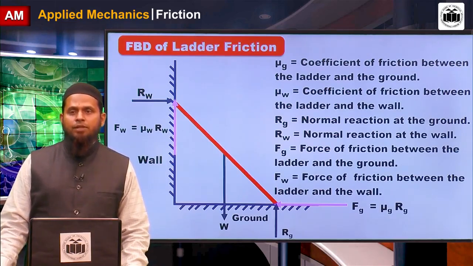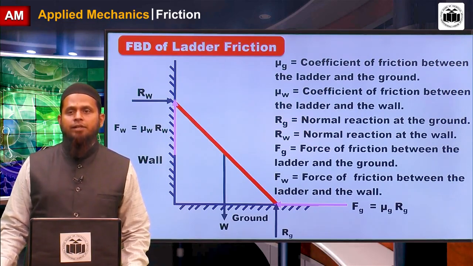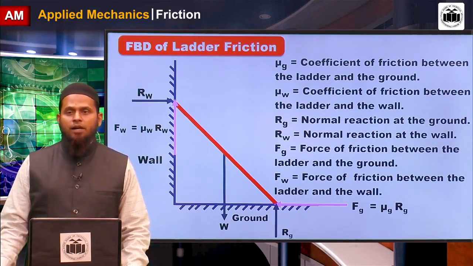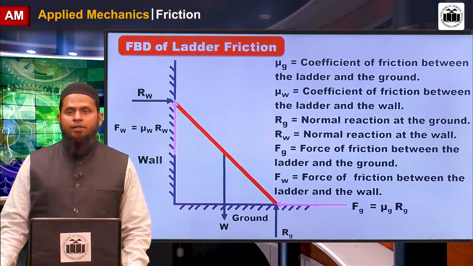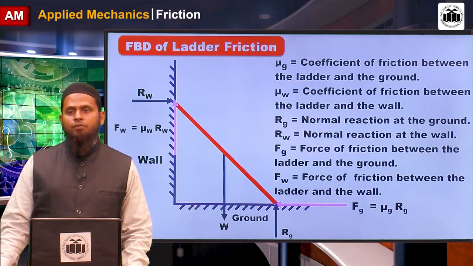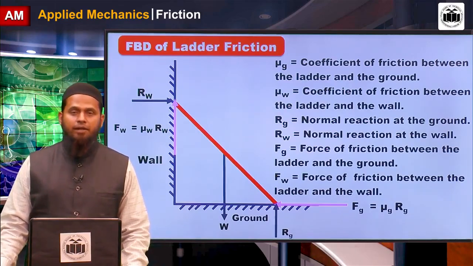The coefficient of friction between the ladder and the wall is called mu w. Rg is the normal reaction at the ground, Rw is the normal reaction at the wall. The force of friction between the ladder and the ground is Fg. Fw is the force of friction between the ladder and the wall.